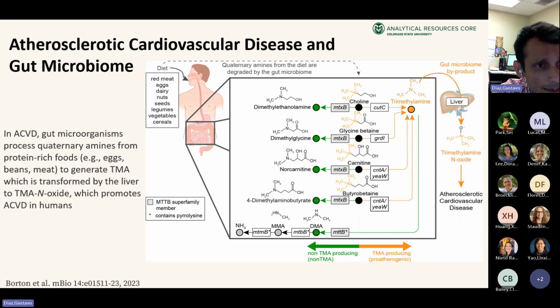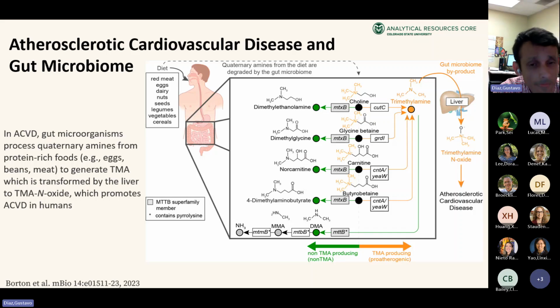And what we are seeing here is that when we ingest a diet with a high content of proteins, we end up having a lot of quaternary amines in our intestines.